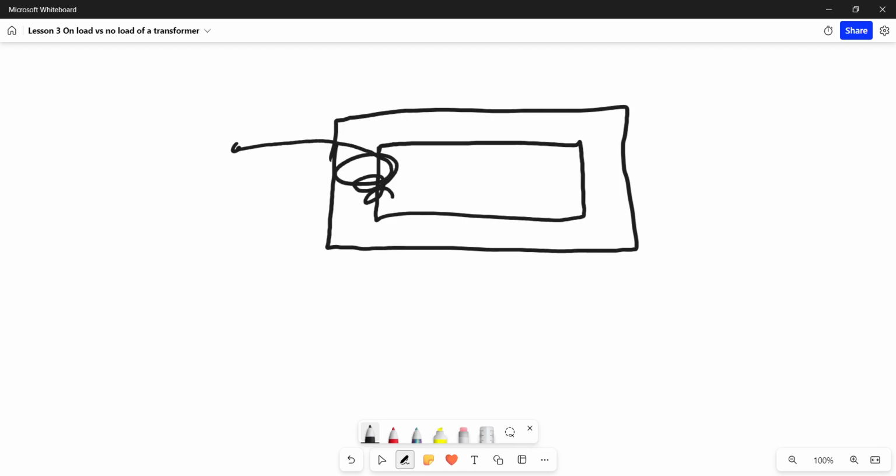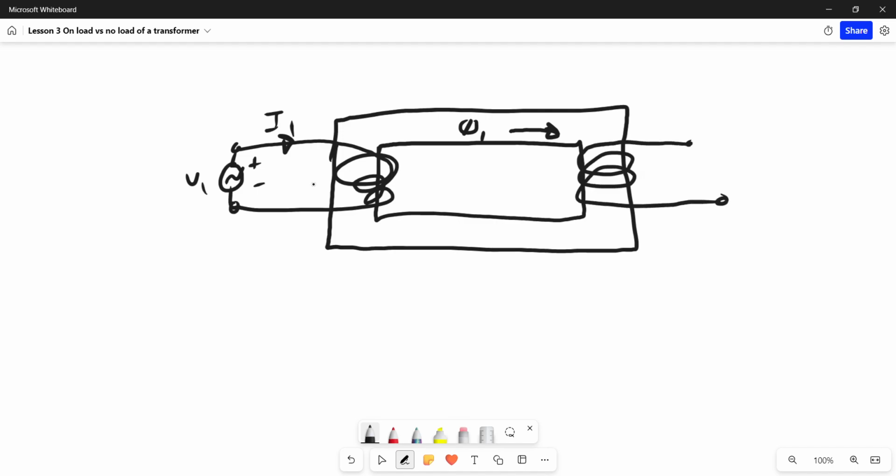Perfect. V1, I1, flux 1, clockwise direction. You have a second winding. However, this time you have a load, Z load. Okay. All right.